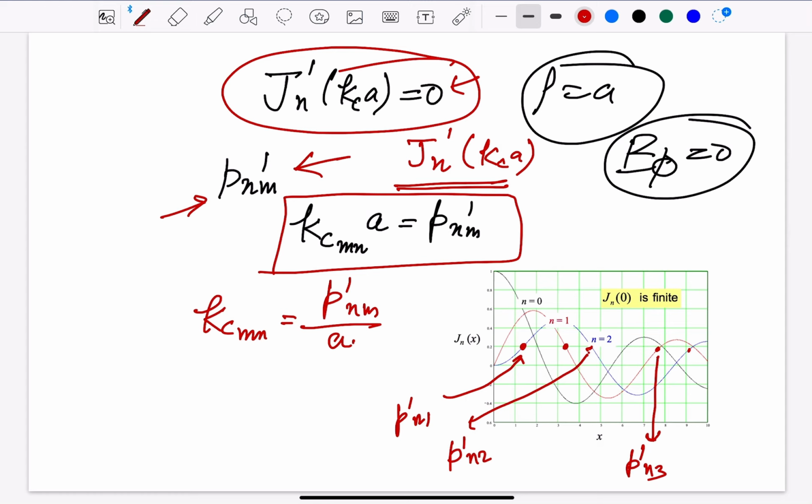That is why I am saying this is the mth 0 of the derivative of the nth order Bessel function. So in journals we write it like this, P prime nm. Once this is fine, we can calculate the cutoff frequencies.